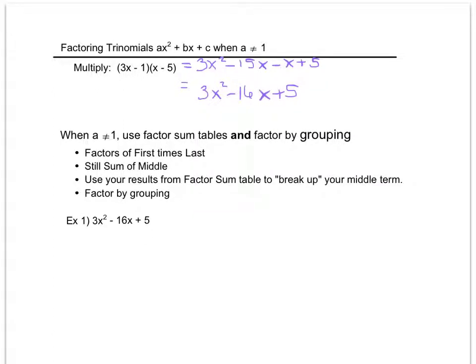All right, now that you guys understand how to factor if you have a trinomial that starts with x squared, we also have to look at what happens if you have a trinomial that starts with an x squared but has a coefficient of something other than 1.